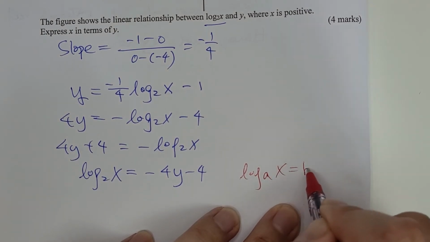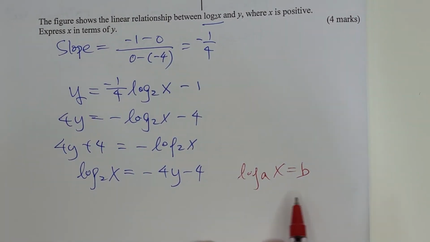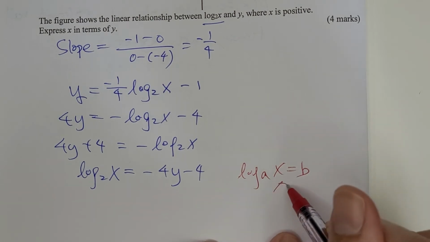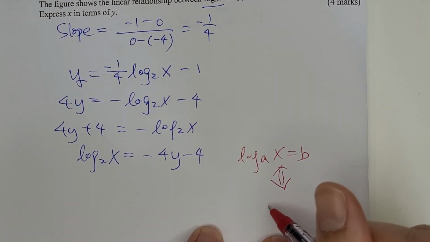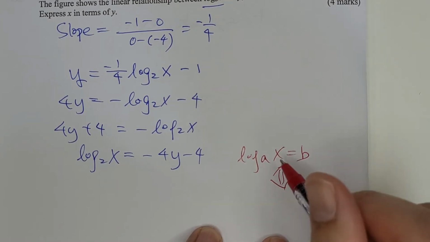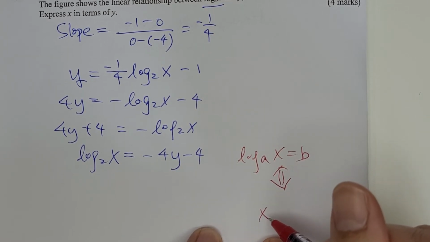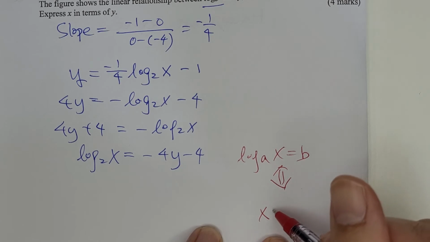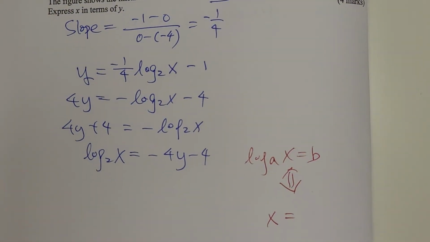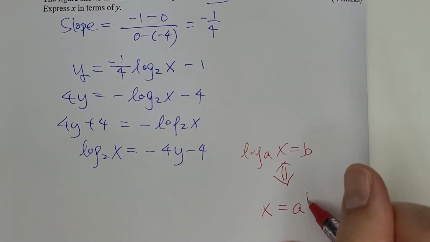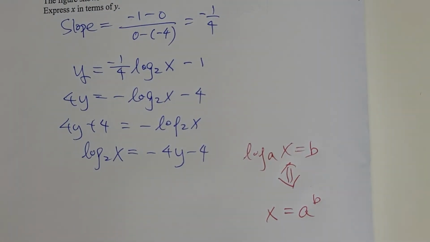log x base a equals b. This is a logarithm equation. I can change it to the exponential one. That is x equals a to the power b. These two are equivalent.